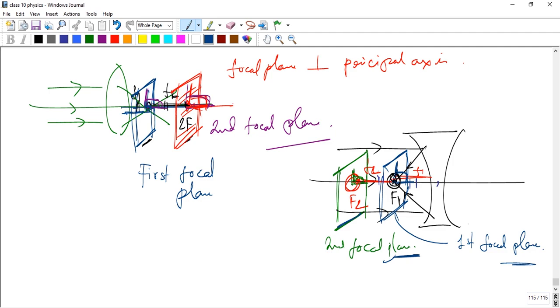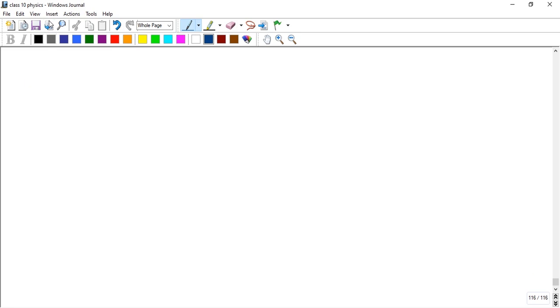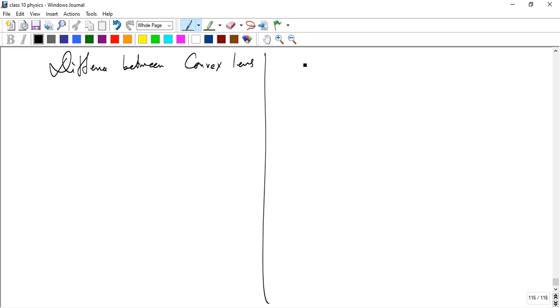Now we discuss the difference between convex and concave lens. First difference is very easy.